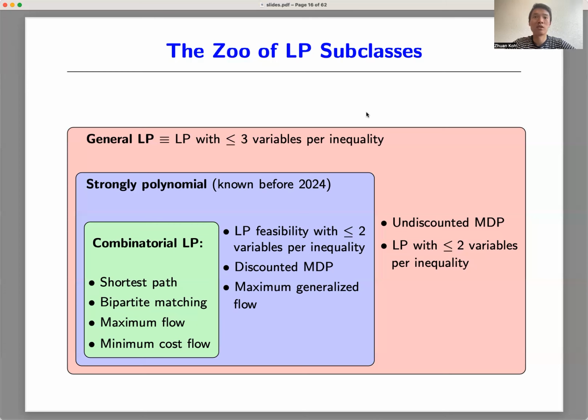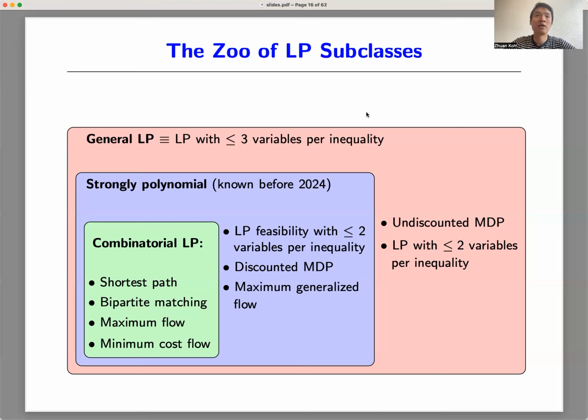Outside of this class, there are also other known instances of LPs which can be solved in strongly polynomial time, such as LP feasibility with at most two variables per inequality, discounted Markov decision process, and the maximum generalized flow problem. Other classes of LPs which are not known to be solvable in strongly polynomial time are undiscounted Markov decision process and LPs with at most 2 variables per inequality.